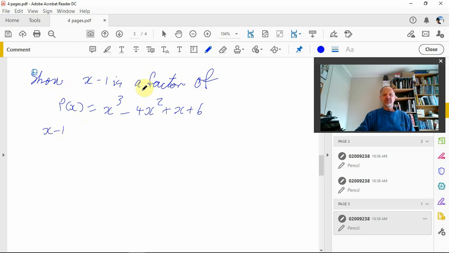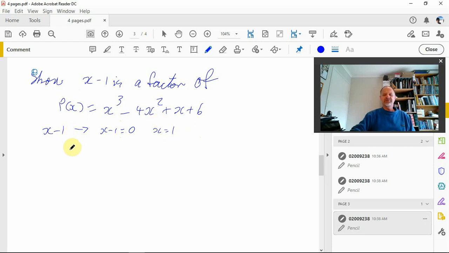All right, so if x minus 1 is a factor, we've got to show it, then when we divide it, the remainder has got to be 0. So we're taking this x minus 1 and we go, okay, so for this x minus 1 to be equal to 0, x has got to be equal to 1.